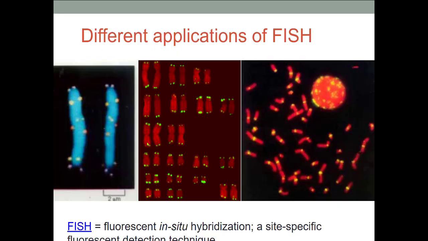And so in this left picture, we have the blue overall chromosome, and then we see some specific locus stained here. Again, I'm not sure exactly what they were staining in this picture, but you can see these dots of additional fluorescent staining to show us relative position and number of those sites, whatever those are.